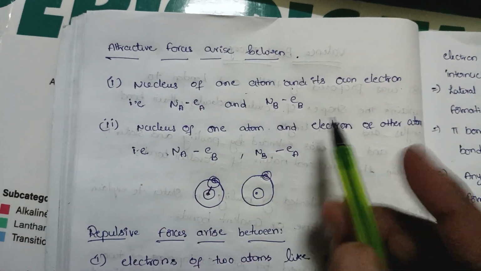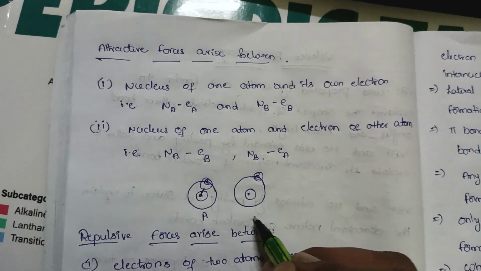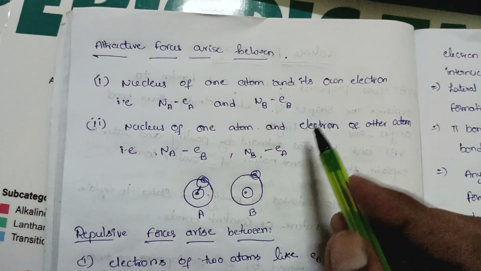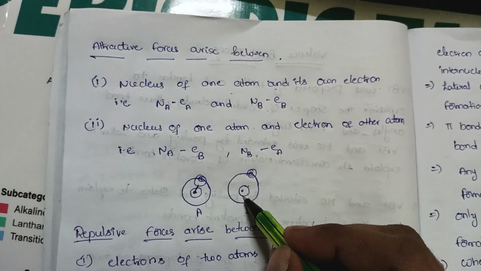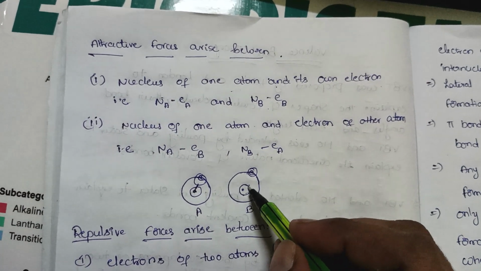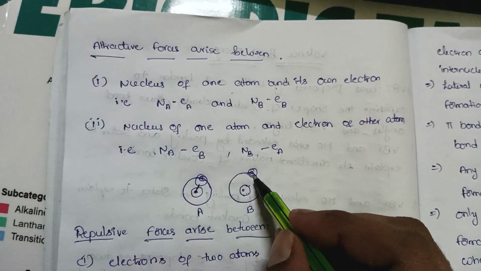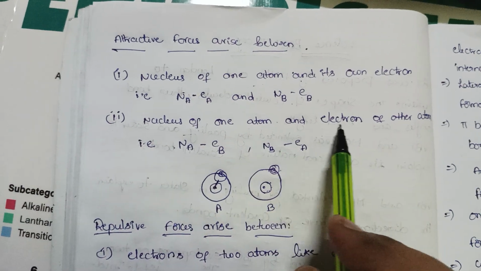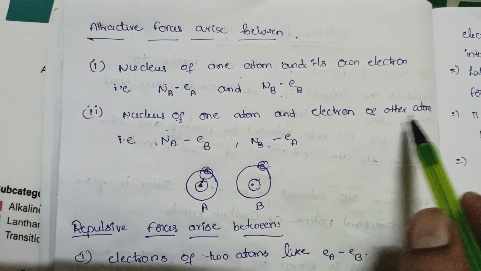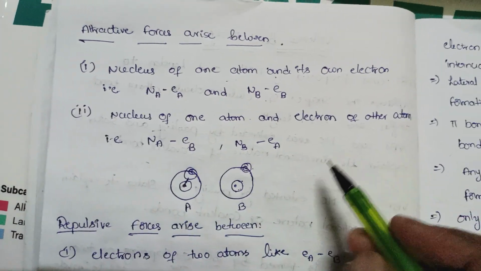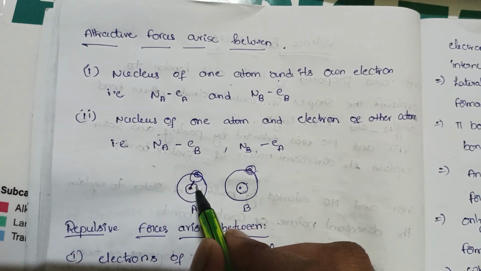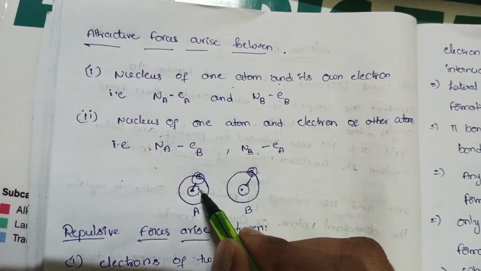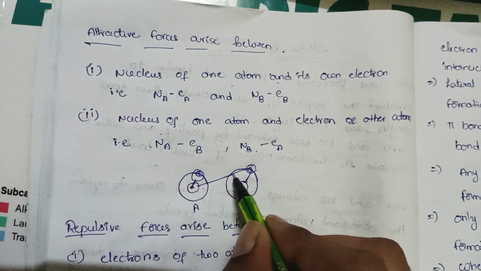And if we take this one atom and this other atom, attraction is possible between the nucleus of one atom and the electron of the other atom.